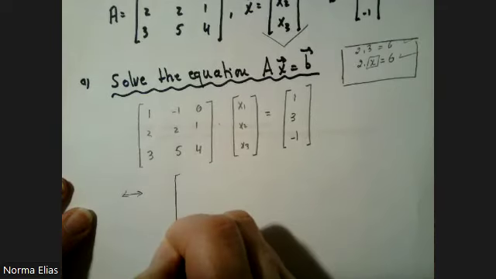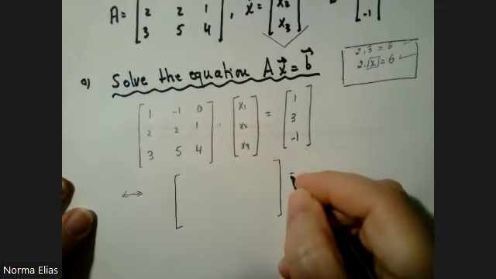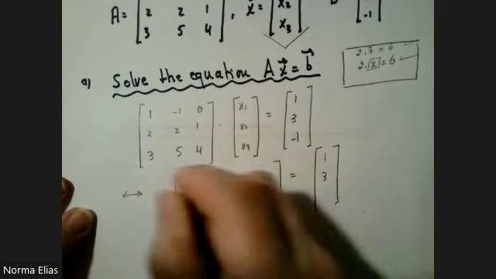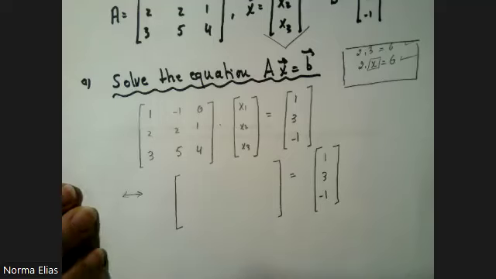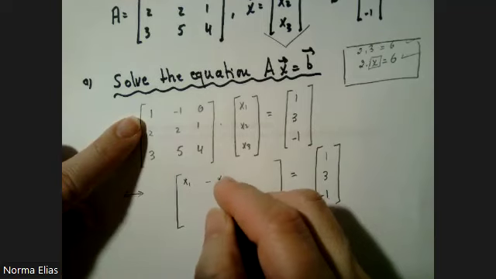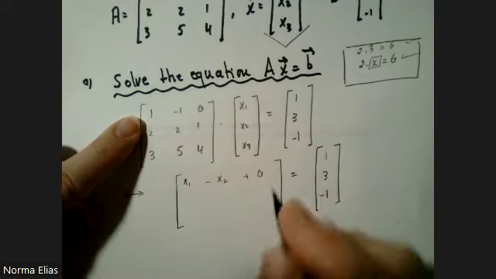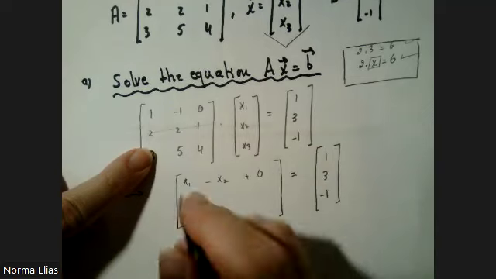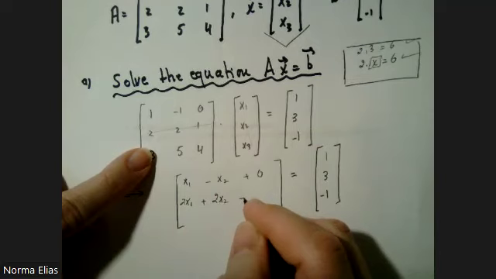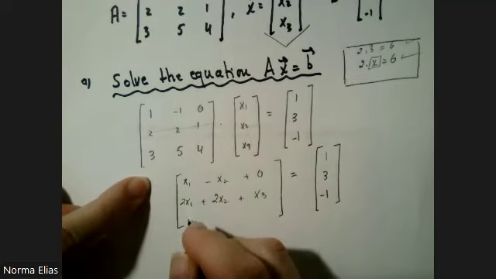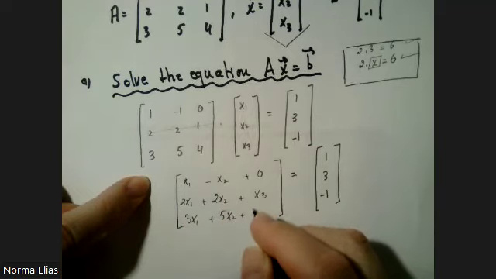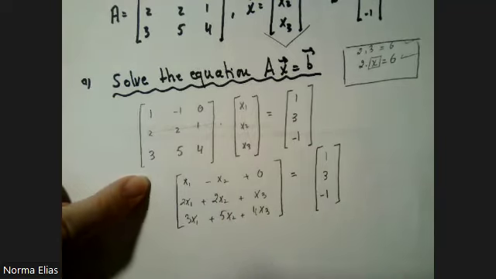So what do we have to solve? You either use the linear combination to evaluate this product, or you can use the row column. If I use the row column, I get x1 minus x2 plus 0, 2x1 plus 2x2 plus x3, and then 3x1 plus 5x2 plus 4x3 equal to that.